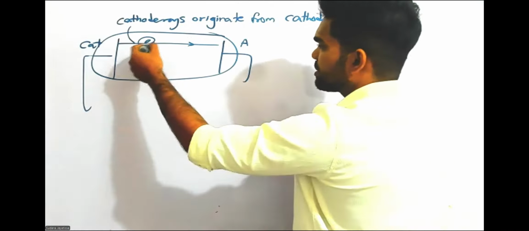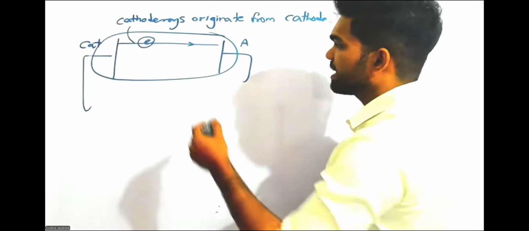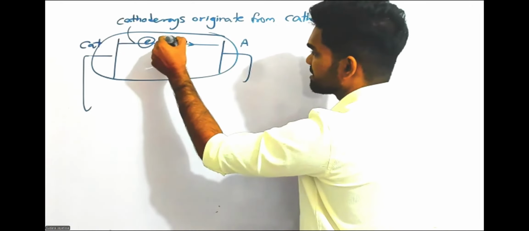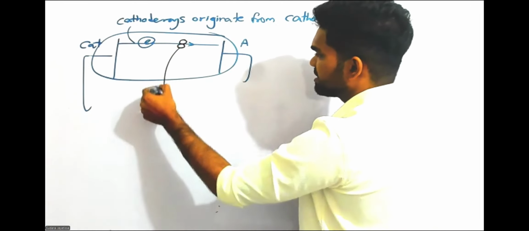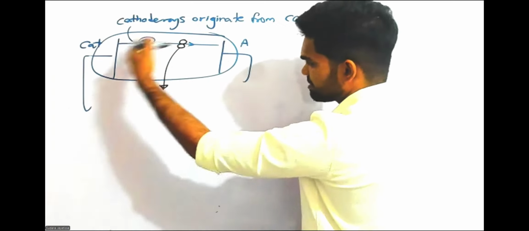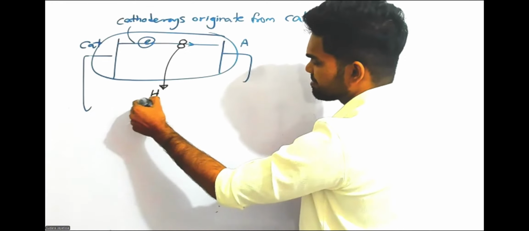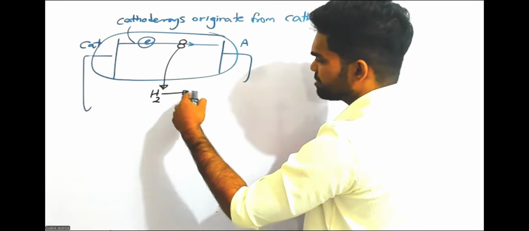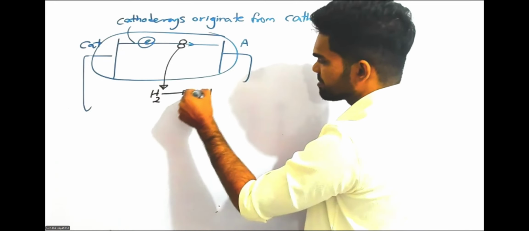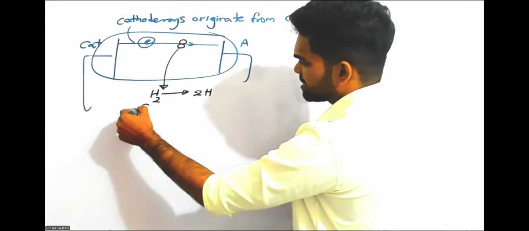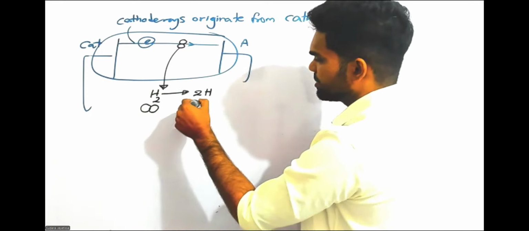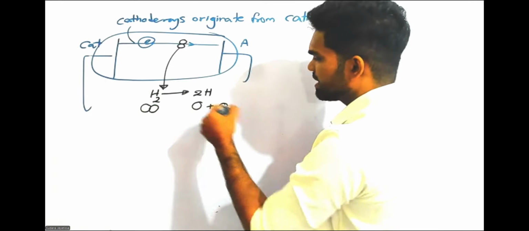When these electrons are passing, they can collide with the gas molecules. Let's say in our tube we have hydrogen gas. First of all, that hydrogen gas, a diatomic molecule, will be split into 2 hydrogen atoms.